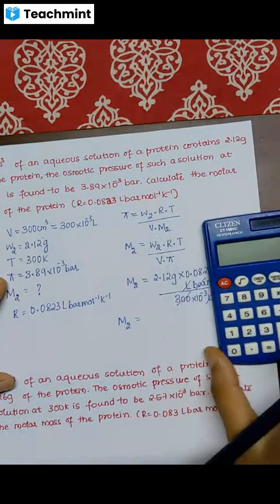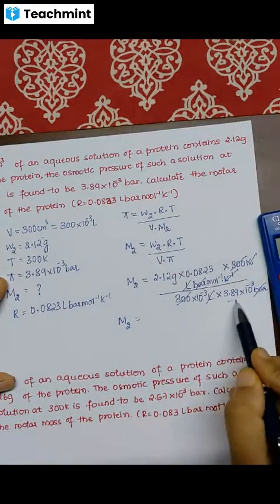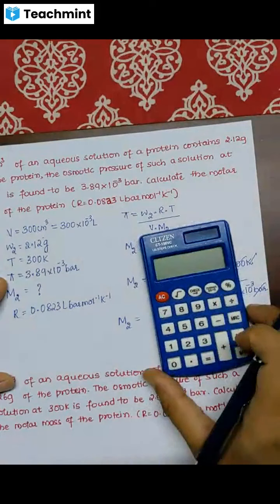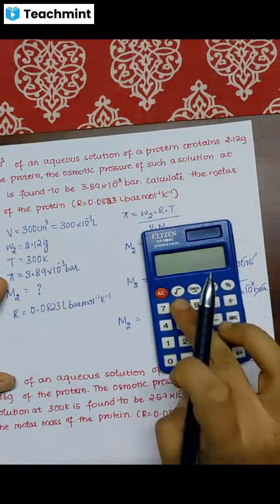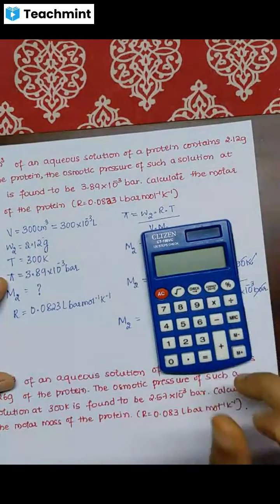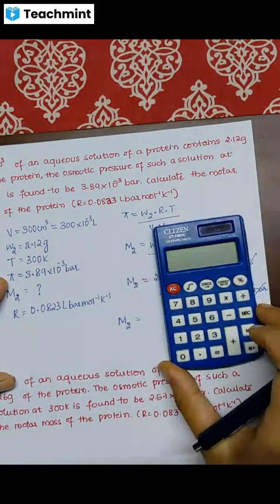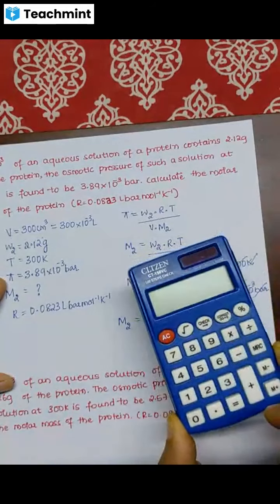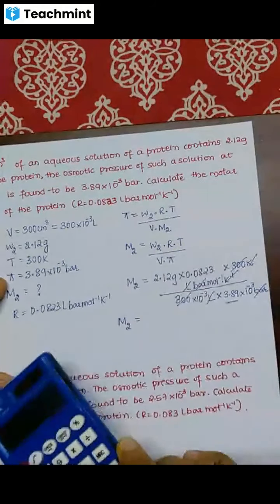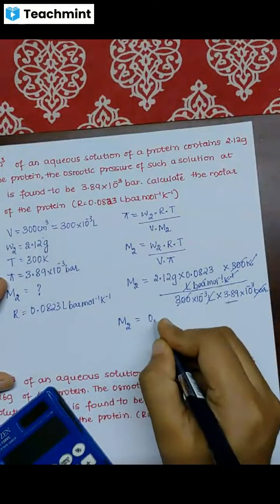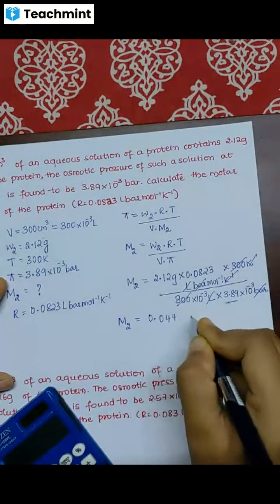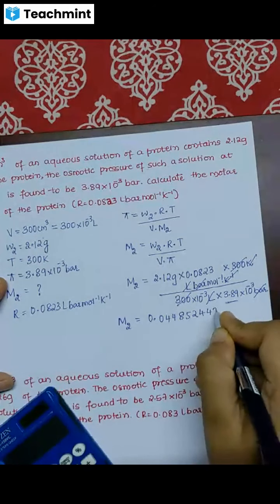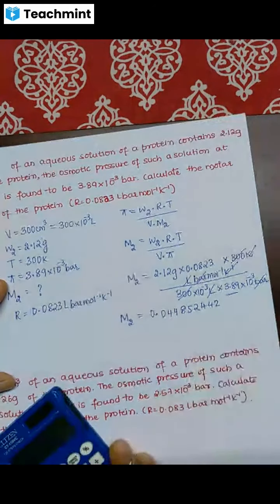We'll not write it separately because our denominator has only one value, that is 3.89. So we'll divide it here itself, divided by 3.89, which is equal to, so we get the value as 0.044852 etc. This is the value we get.